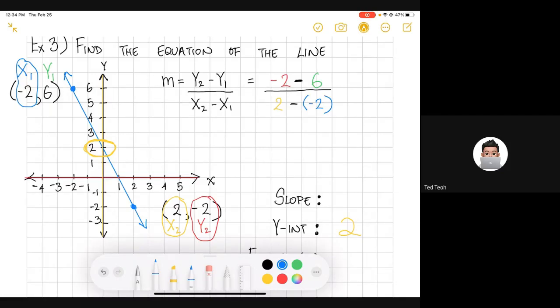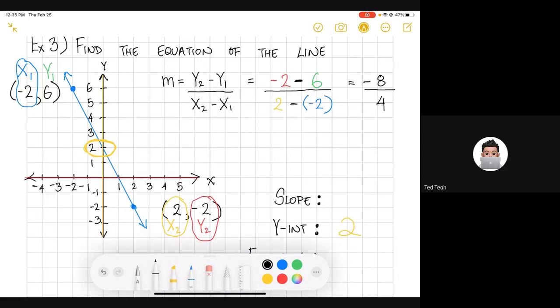All right, so when I calculate this, -2 minus 6 is -8. And then on the bottom, it's 2 minus -2, and that turns into a 4.